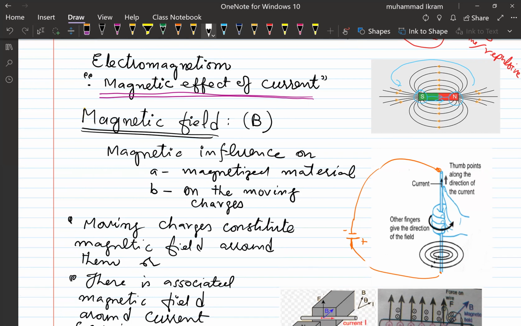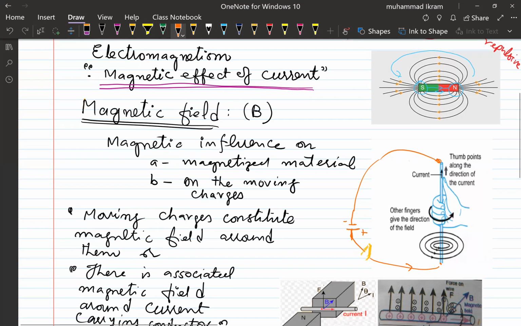And if you introduce a switch or key like this one, and close the key, then what will happen? The current will begin to flow in the conductor in the direction shown, and a magnetic field is established around this current carrying conductor.